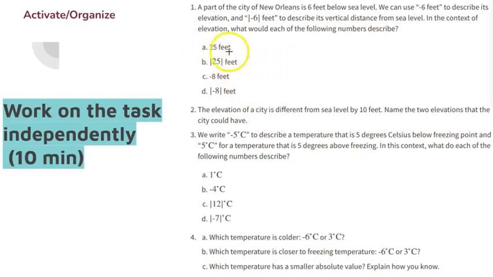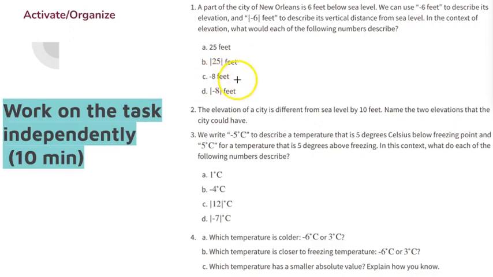So this means 25 feet, and this would be 25 feet above sea level, right? This is absolute value of 25 feet, right? Yeah, and it's just going to be 25 feet above sea level, right? It's the distance of it, 25 feet from sea level.